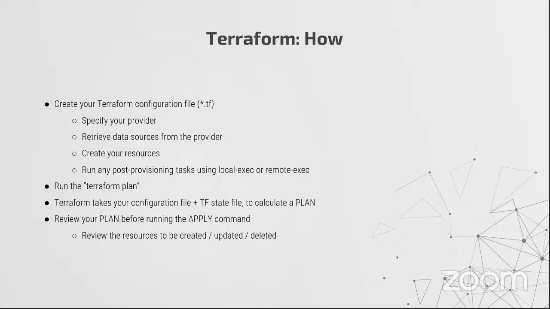So Terraform takes your configuration file and your state file, and calculates the plan. You can then review the plan. The plan will tell you it will add one resource if you're creating a virtual machine, for example, and you can check that that's correct. And then you can run the apply command, which is where it will create, update, or delete the resource as required.